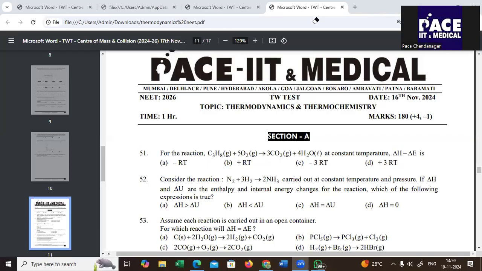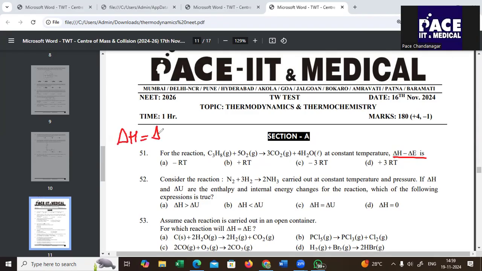For the first question, the reaction is C3H8 plus O2. This is a combustion reaction of propane, right? You're given an equation at a constant temperature, and you're asked about delta H minus delta E. What is the formula for delta H? Delta H is the heat enthalpy in the system.